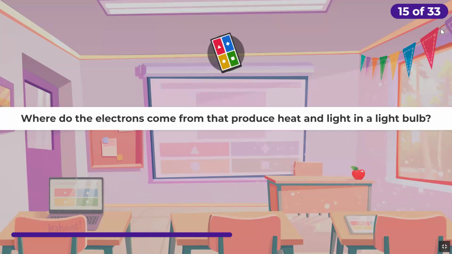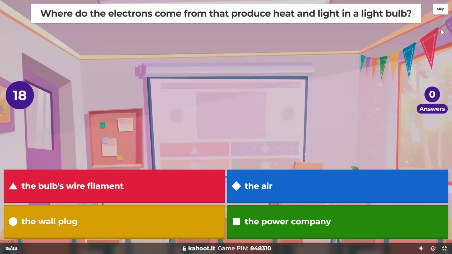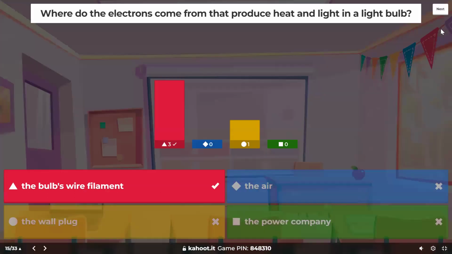Where do electrons come from that produce heat and light in a light bulb? Nice, that's the best answer.